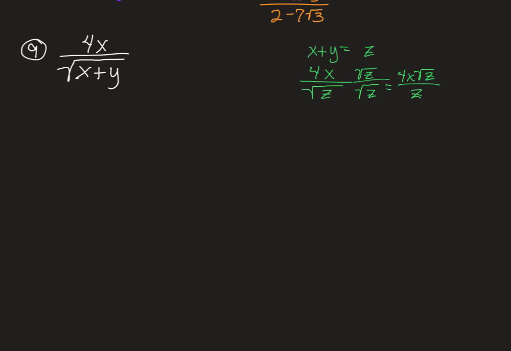Our denominator, all of it is under one radical, and it is a square root. So I'm just going to multiply by that same square root.